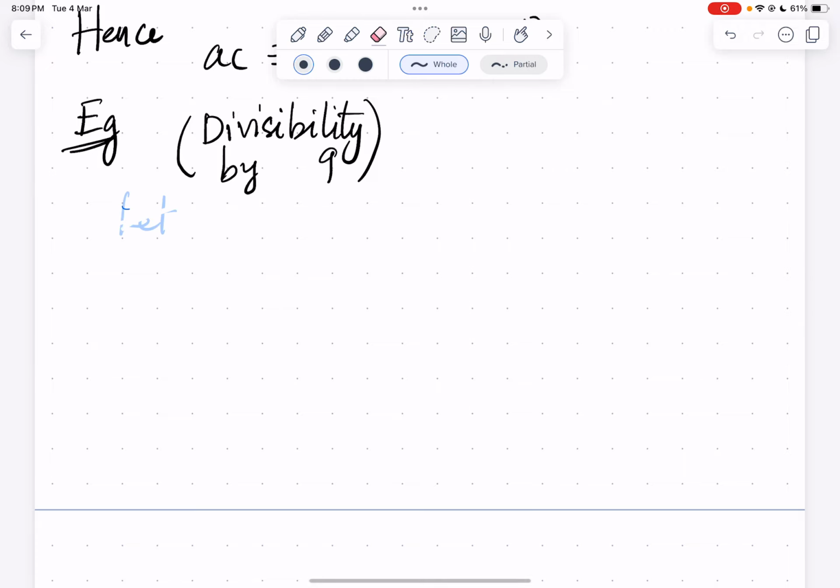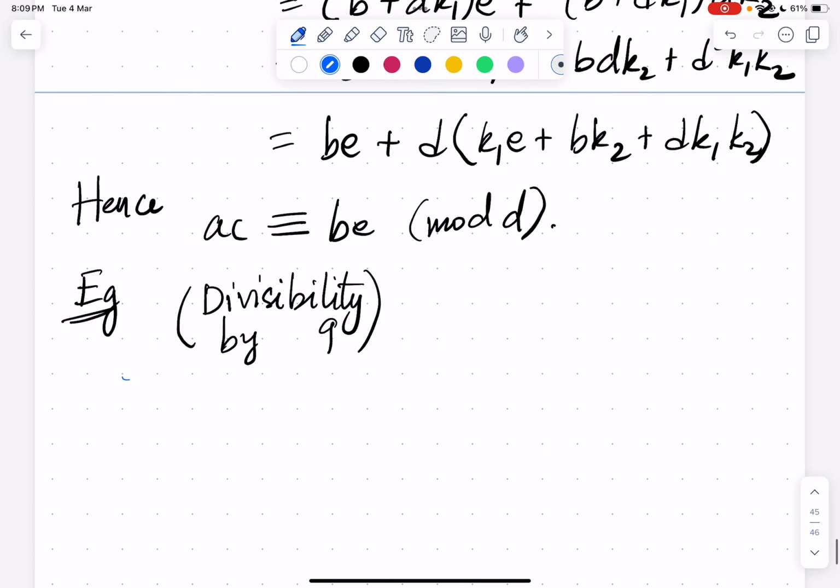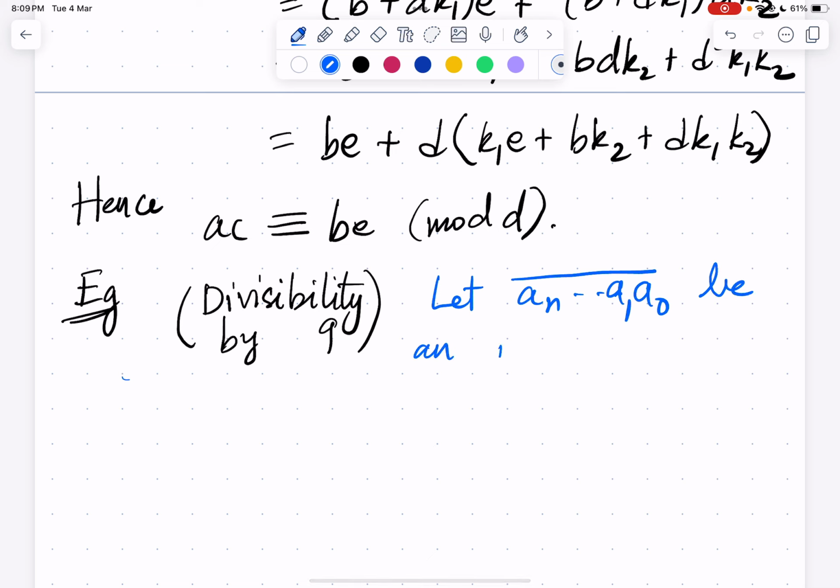Let a_n ... a_1 a_0 be an n-digit integer.